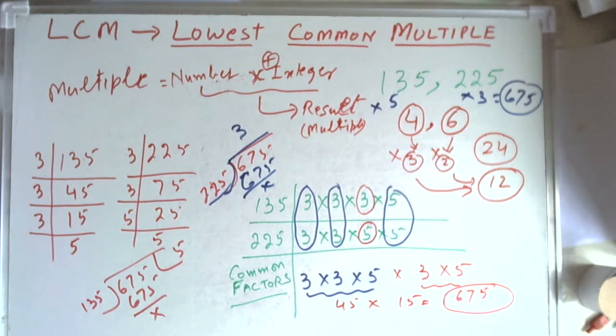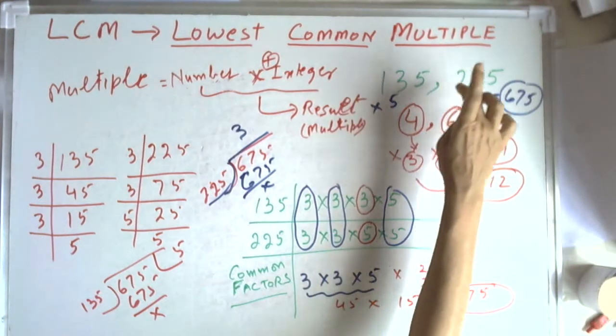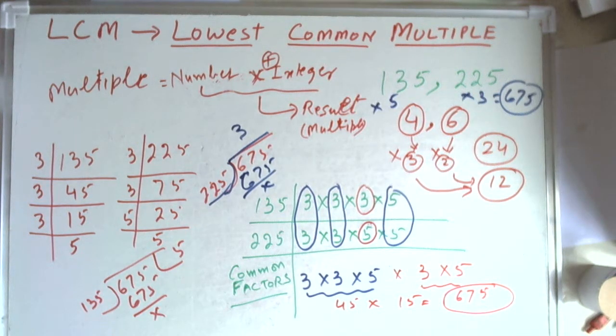So remember, the lowest common multiple is always higher than even the highest of the individual numbers, whereas the HCF was lower than the lowest number. And also, as we did for the highest common factor, we can do it for a pair of numbers, or we can do it for multiple numbers. In this example we have done it for 2 numbers, but we can also do it for more than 2 numbers, and the procedure will be the same.